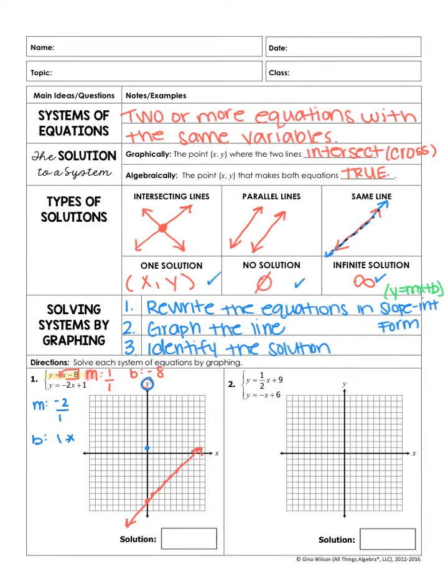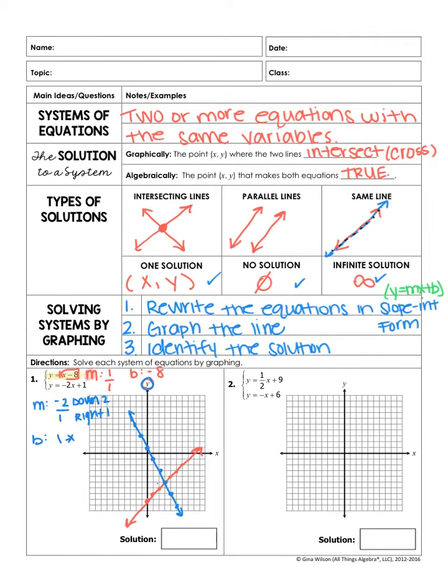Negative 2 is the same thing as negative 2 over 1, so this is going to be like going down 2 and right 1 from that point. Down 2, right 1, down 2, right 1, and keep going as many as you'd like to go. I could also go up 2, left 1, up 2, left 1, and we'll connect the dots.